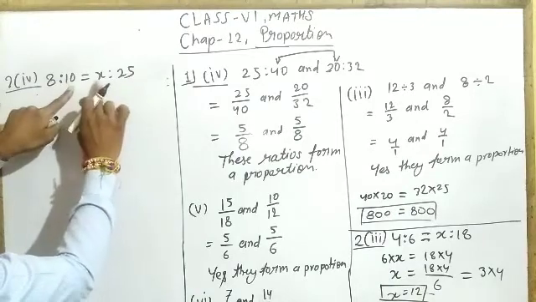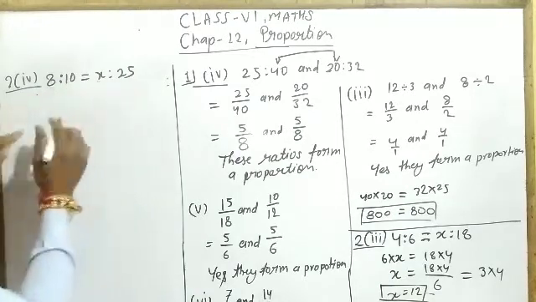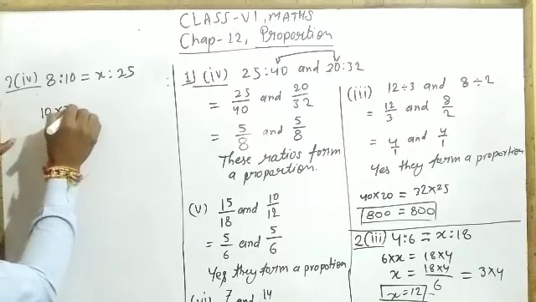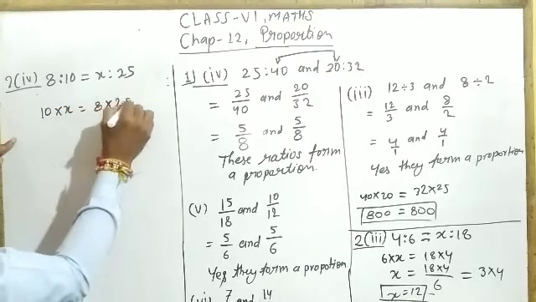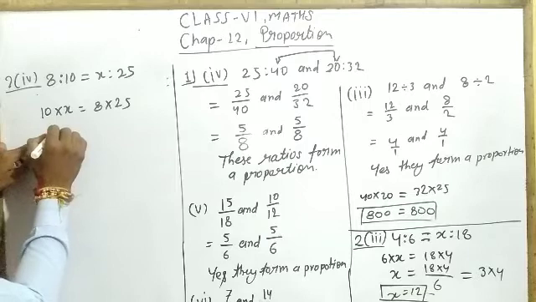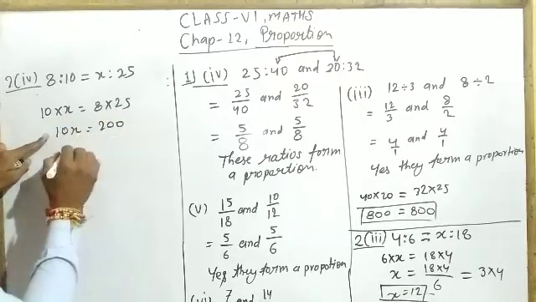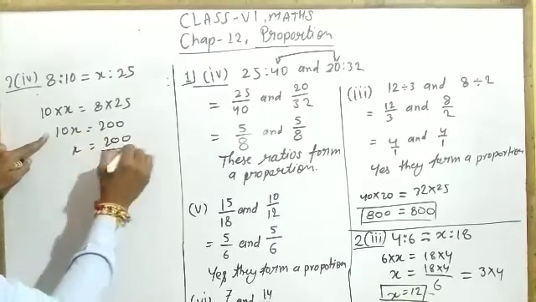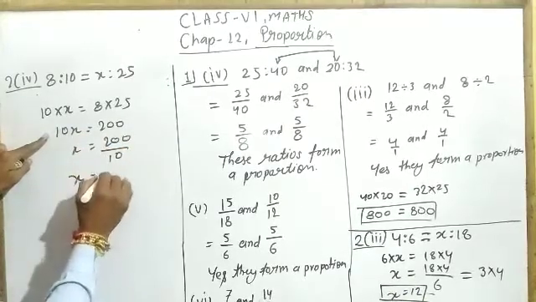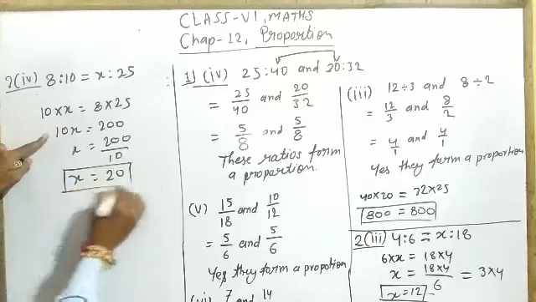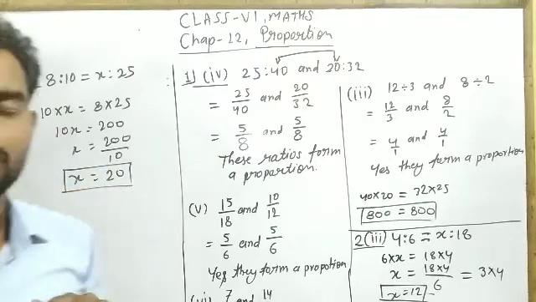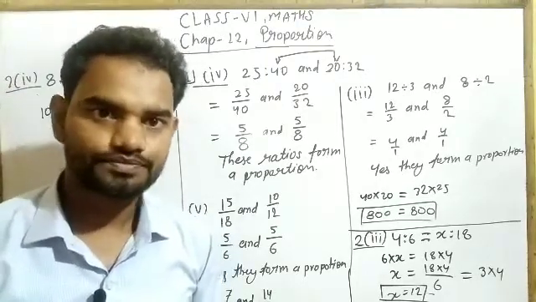It means 10 into x will be equal to 8 into 25. So this is 10x equal to 8 times 25 is 200, then x equals 200 upon 10, then x equals 20. This is the value of x.